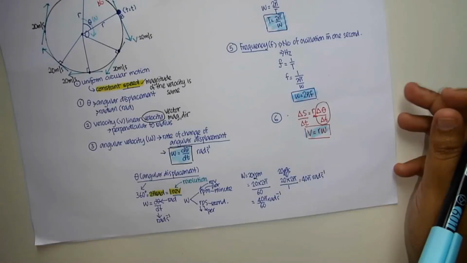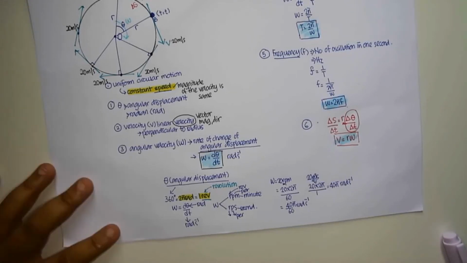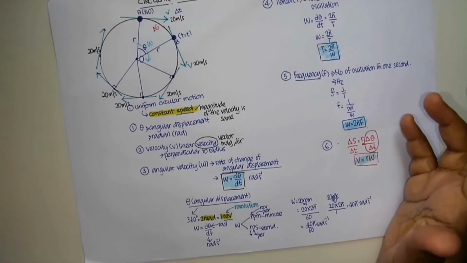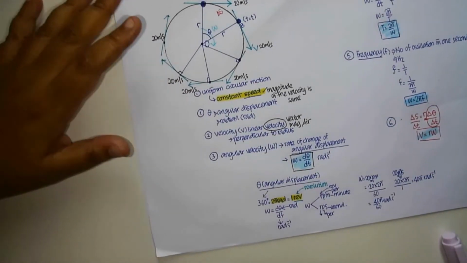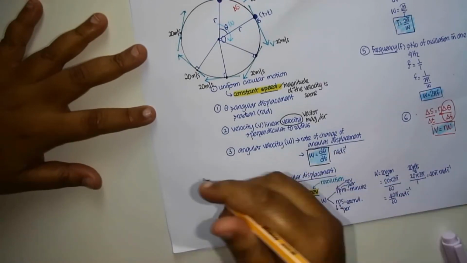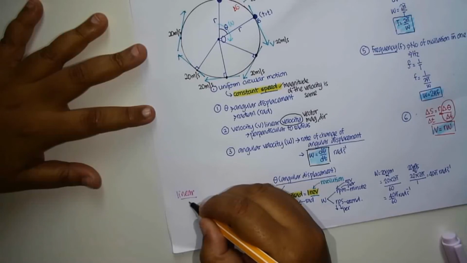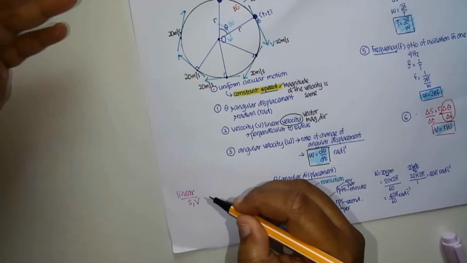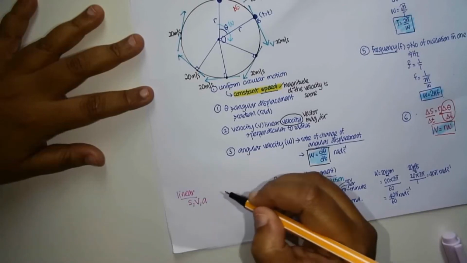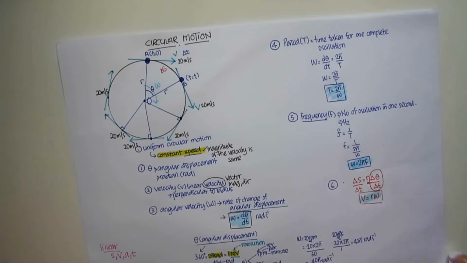Now there are a few quantities we have to take into consideration. When we talk about linear motion, we have s, distance, displacement, v, speed, velocity, acceleration, and time. Correct or not? So in circular motion, what do we talk about?